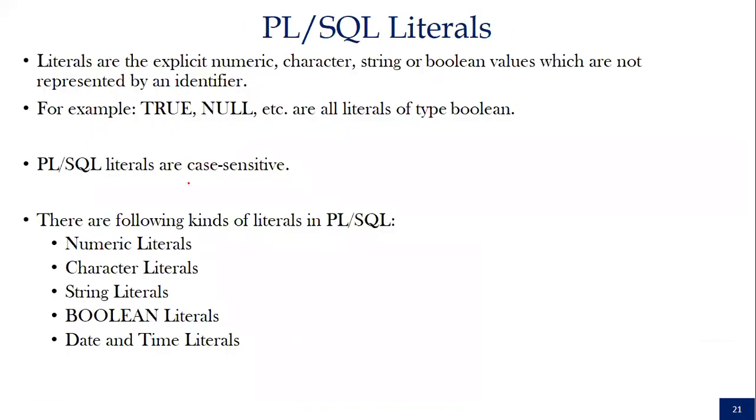Similarly, in PL/SQL, literals are some values: numeric things, character things, string things, or boolean things. Every programming element will be considered a literal. Different kinds of literals are there in PL/SQL, like numeric literal, character literal, string, boolean, date, and time literal.